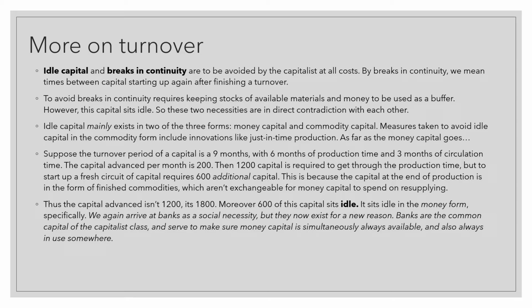Everything was showing up exactly where it needed to be at exactly the moment it was needed, and so nothing is ever not in the capital process. So just-in-time production is to avoid both breaks in continuity and idle capital, and that creates its own technological dynamism. I mean, it used to be that your local grocery store had a giant stock of things in the back room that they would just put back on the shelves each day.